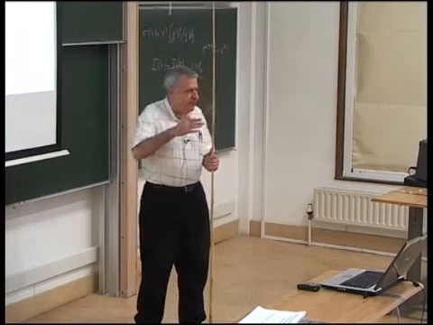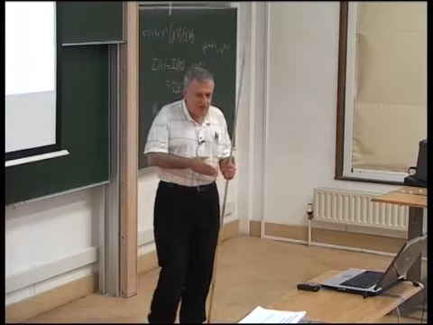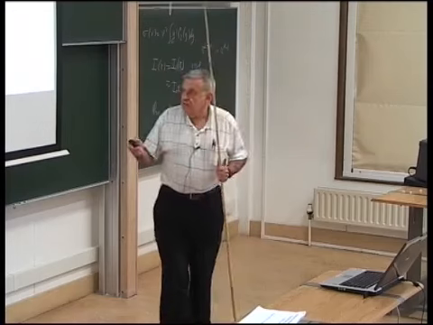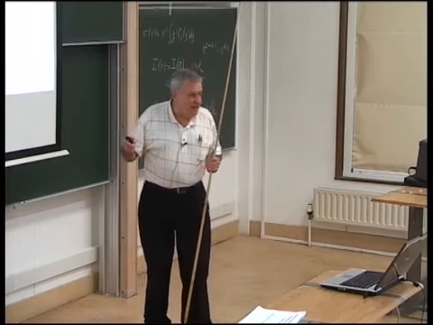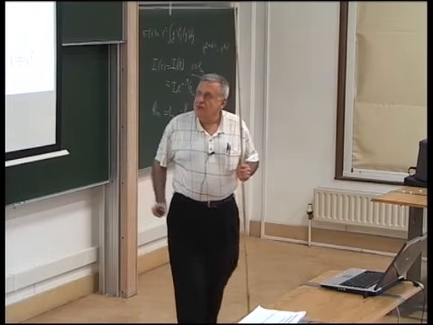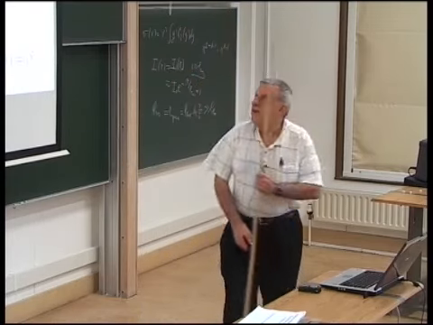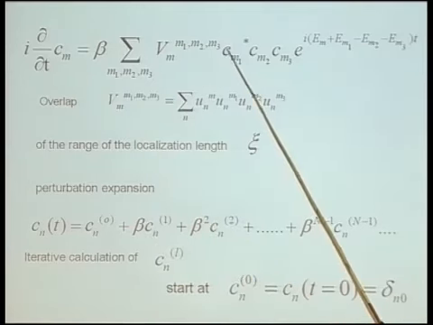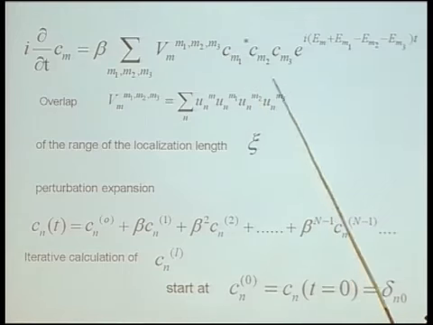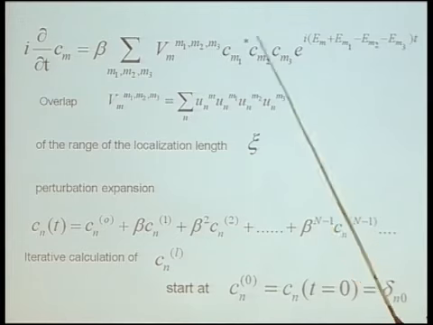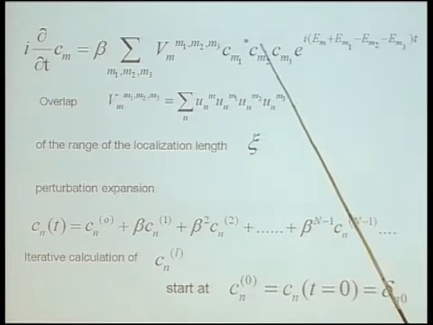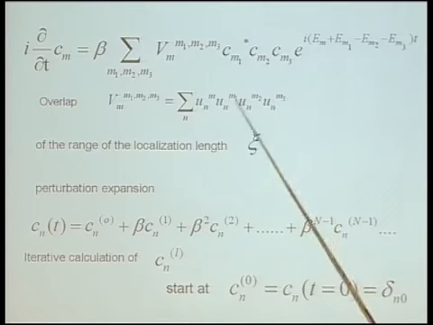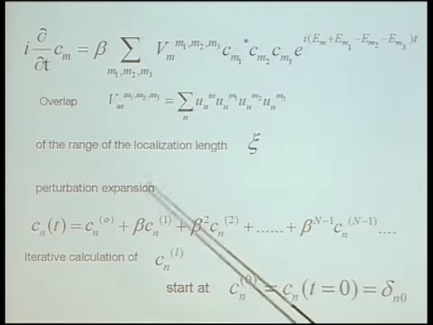From the physics point of view, it's trivial. From the mathematics point of view, one has to show it. But this is a known result, I think, but we checked it independently. And now you get equations for these coefficients, where this is the nonlinear contribution, and this is basically the overlap integral of the wave functions.